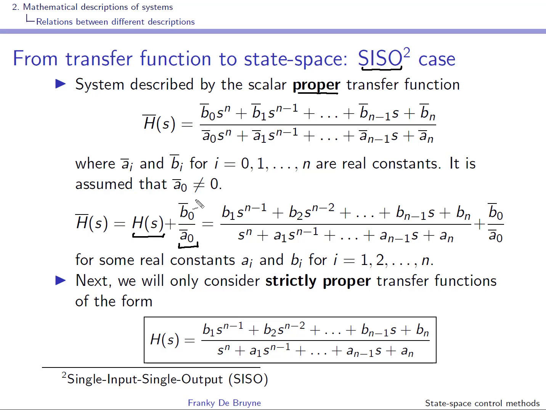This term over here, this constant, will be the direct feedthrough term. As you know, I've said it before, most physical systems do not have a direct feedthrough term, so you'll end up with a transfer function that is strictly proper. So from now on, we'll work with a strictly proper transfer function H(s) that has this form over here.